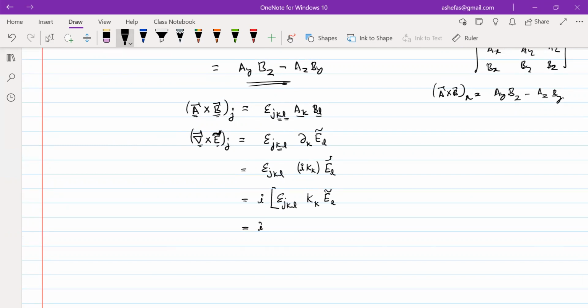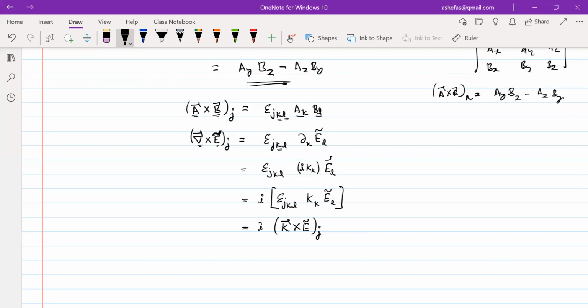Now if you look at this, this is nothing but the jth component of k cross E. So the jth component of del cross E is equal to I times the jth component of k cross E.